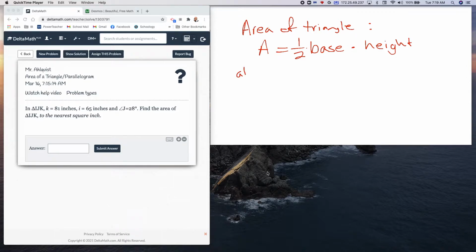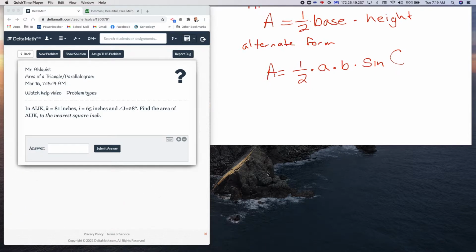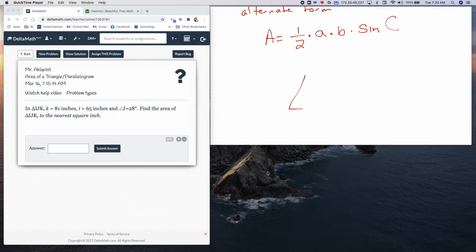And that's what you had when you were in geometry. An alternate form is the area of the triangle is 1/2 side A times side B times the sine of angle C. So if you have angle C here and angle A here and angle B here, then this is side B and this is side A. And notice that in this formula, you have two sides and the included angle.